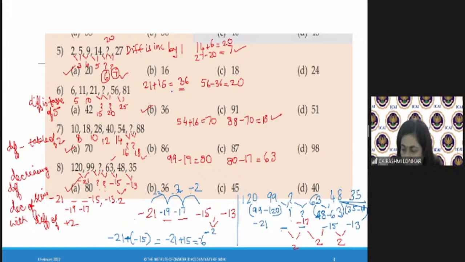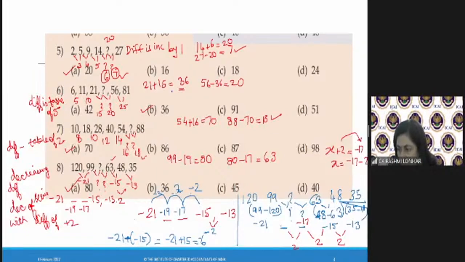What should I add 2 to so that I get minus 17? Okay. What this means is x plus 2 is equal to minus 17. So x will be equal to minus 17. This 2 when I take to this side, it will become minus. So plus 2 becomes minus 2.